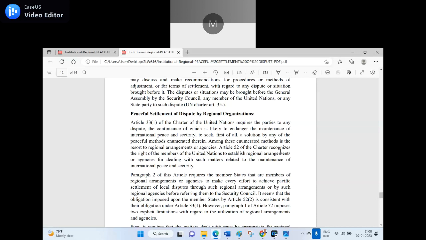What are the peaceful methods enumerated? There are many methods, as I told you: the diplomatic method, the adjudicative method, the institutional method. And Article 52 of the Charter recognizes the right of members of the United Nations to establish regional arrangements or agencies for dealing with matters related to the maintenance of international peace and security.